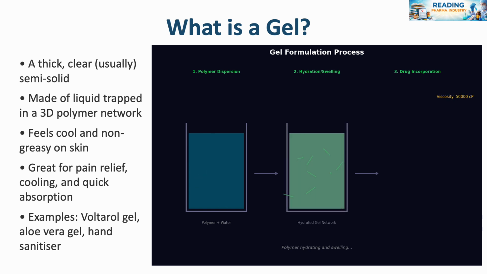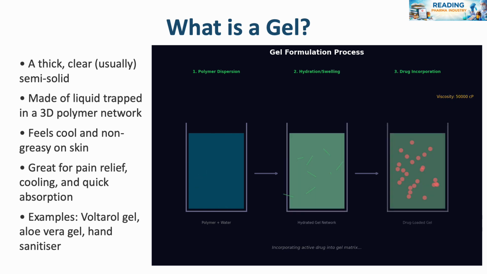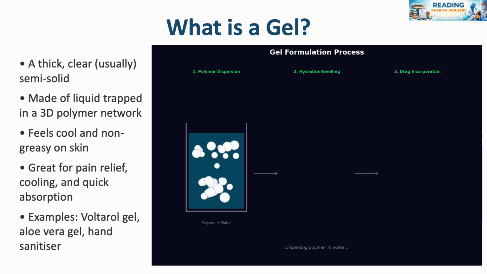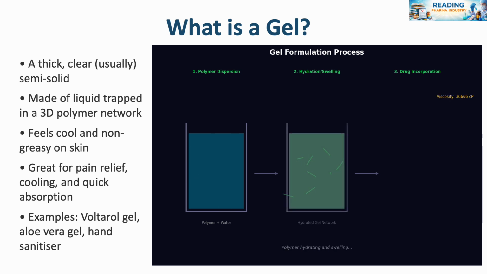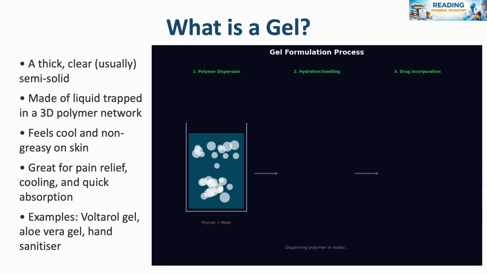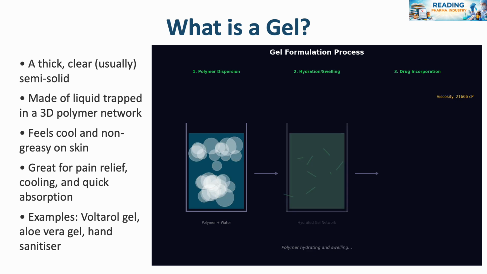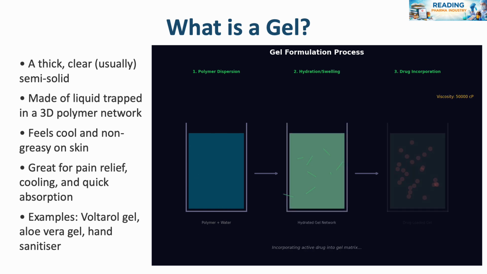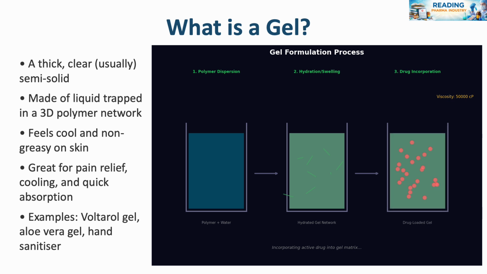As you can see here in this animation, we have a polymer, a large molecule, and that is hydrated. We start with the process of polymer dispersion, and then this is followed by the swelling of the polymer, because that will attract so many water molecules and increase in size.